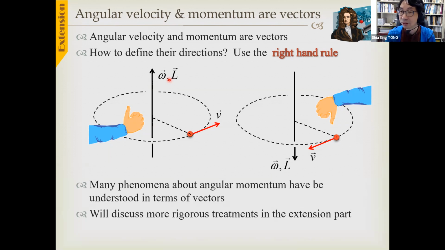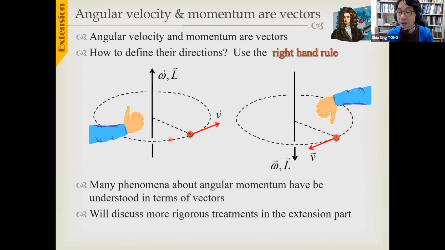This gives you the direction of the rotation, and it can be generalized into three dimensions easily. It does not only include clockwise or anti-clockwise rotation. It can be generalized to an arbitrary axis. For example, you may have a rotation along this axis, or along that axis.